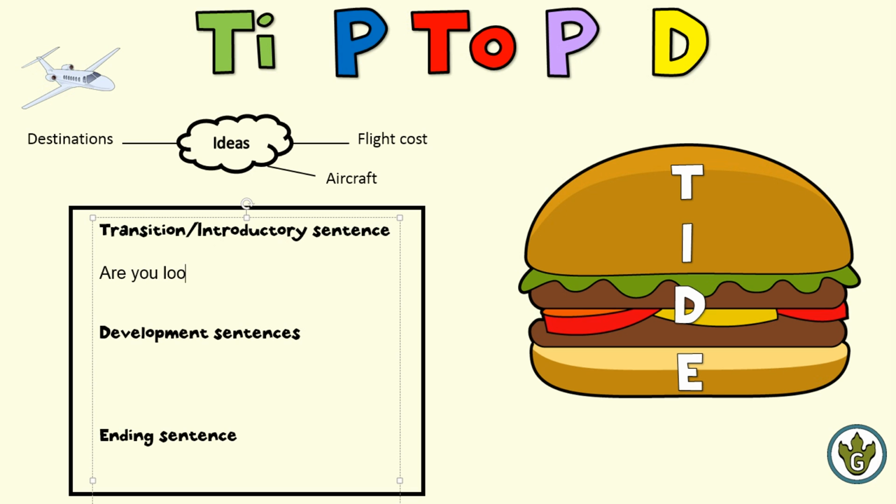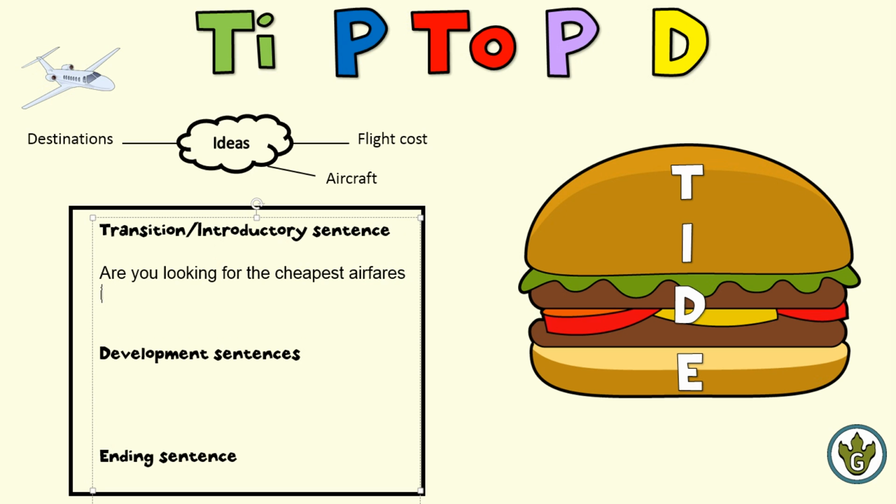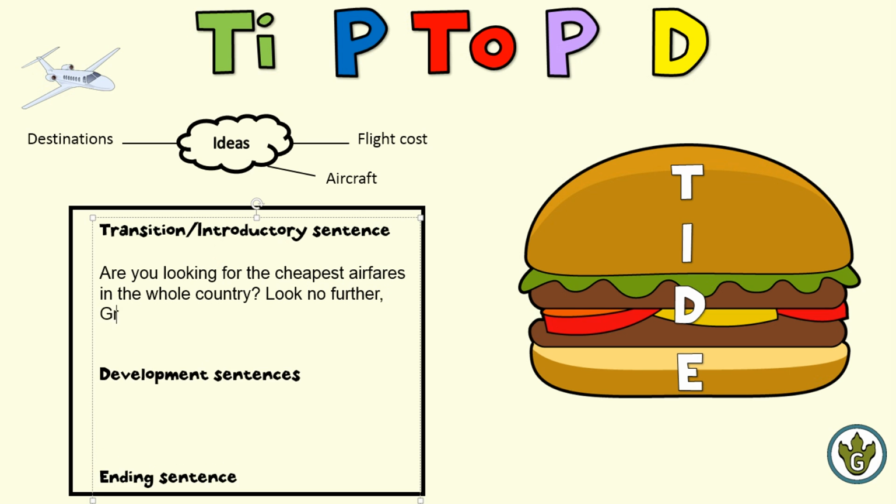Are you looking for the cheapest airfares in the whole country? Rhetorical question, get the reader hooked straight away. Look no further. Grammarsaurus Air is your new best friend. There we go.